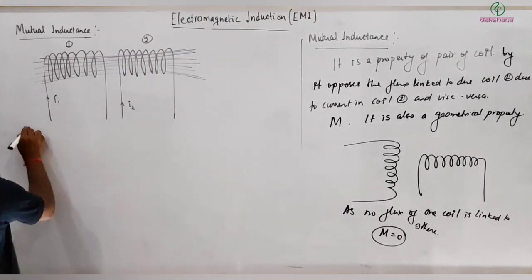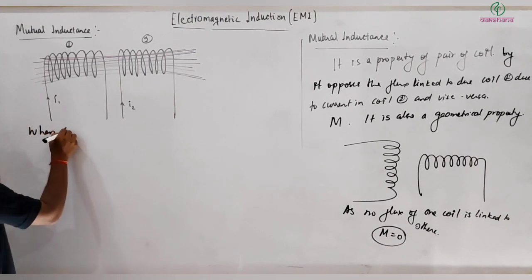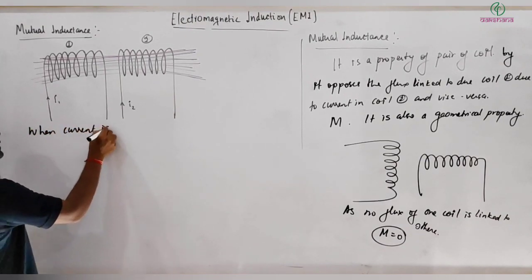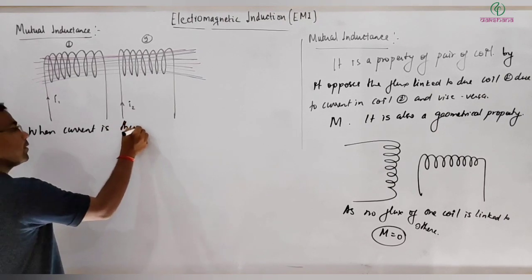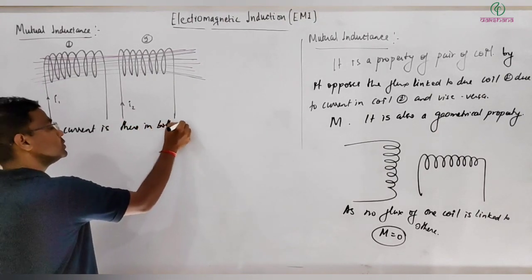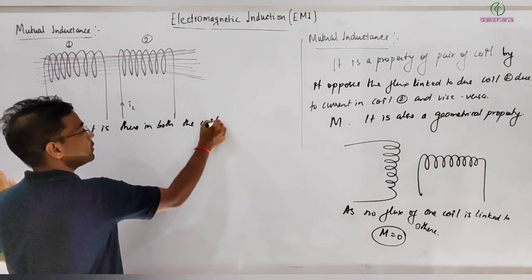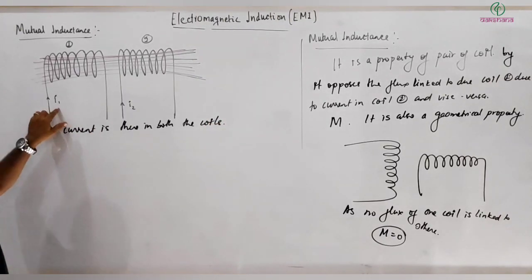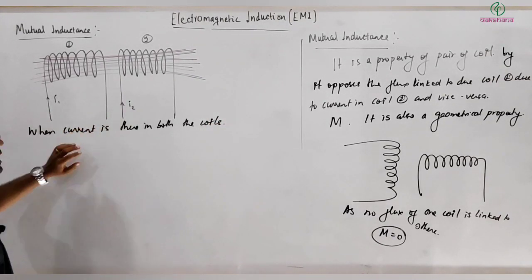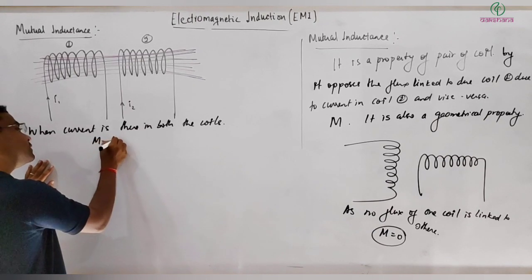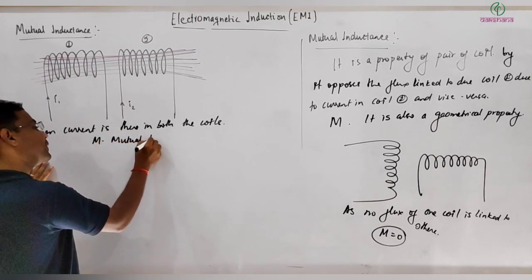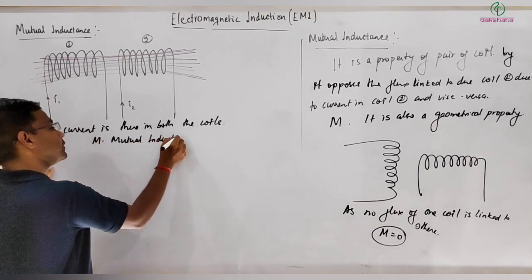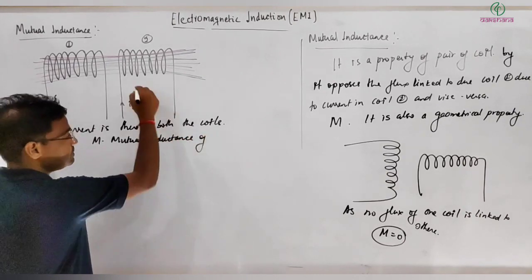When current is there in both the coils, let's say this is exactly the same situation, and M is the mutual inductance of this pair of coils.